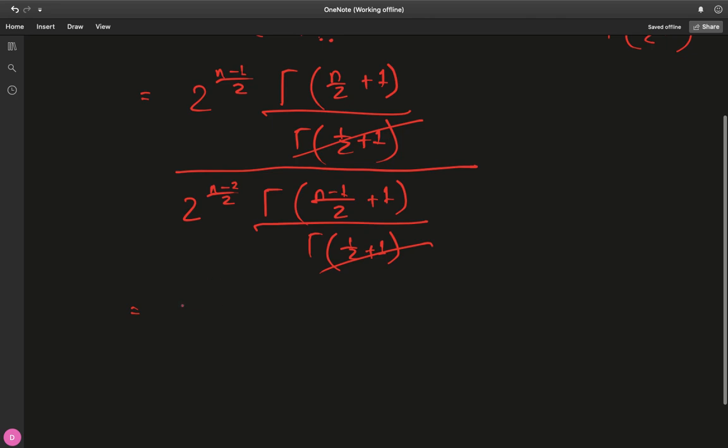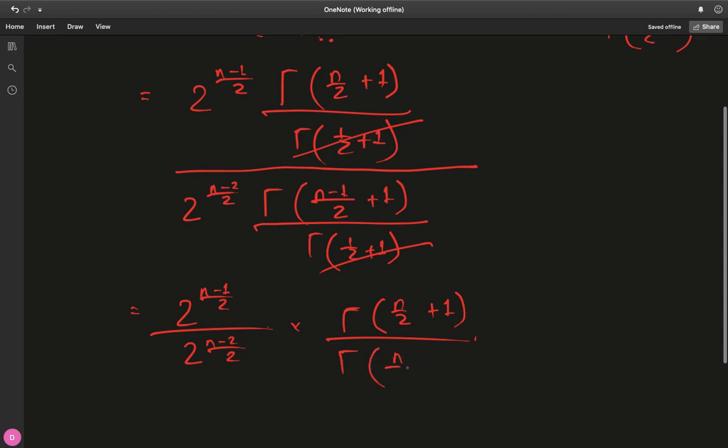So we have basically 2 to the n minus 1 over 2 divided by 2 to the n minus 2 over 2 times the gamma of n over 2 plus 1 divided by the gamma of n over 2 minus half plus 1.